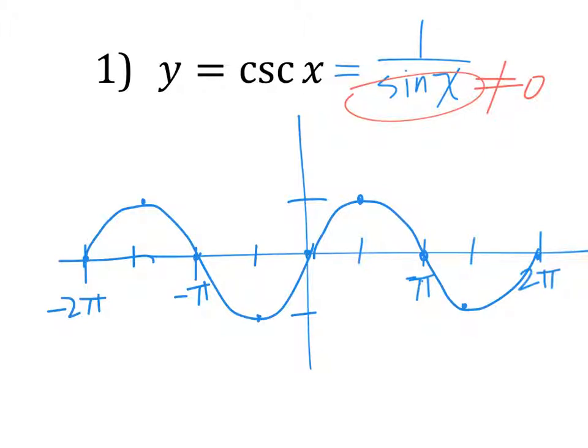What happens to my graph? So when sine is 0, the whole thing is undefined, right? So then on my graph, I should see what when these are zeros? Asymptotes. So at these zeros, I'm going to see asymptotes.